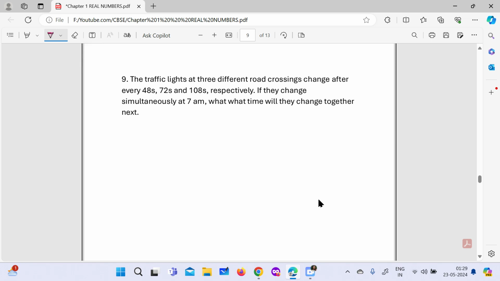The next question is, the traffic lights at three different road crossings change after every 48 seconds, 72 seconds, and 108 seconds, respectively. If they change simultaneously at 7 a.m., at what time will they change the color together next? So this question is about an event to happen at the same time.